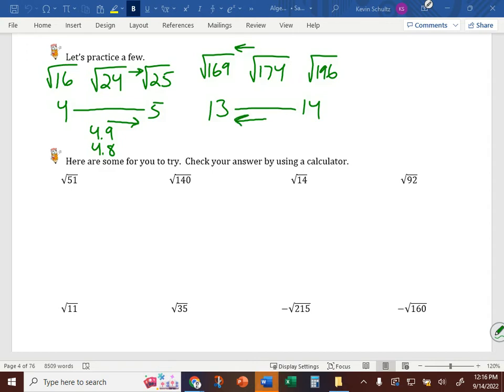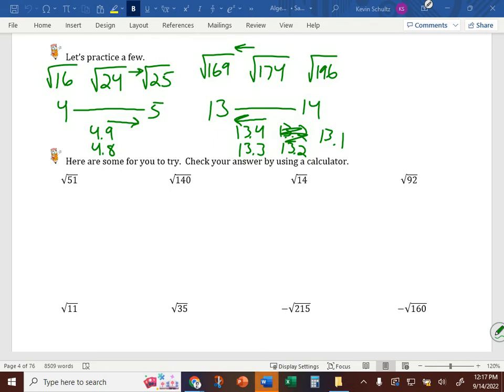Give me a decimal answer, an estimation that you might use here. 13.4. Okay. 13.3, 13.2, 13.1 even. Basically anything that's below 13.5.